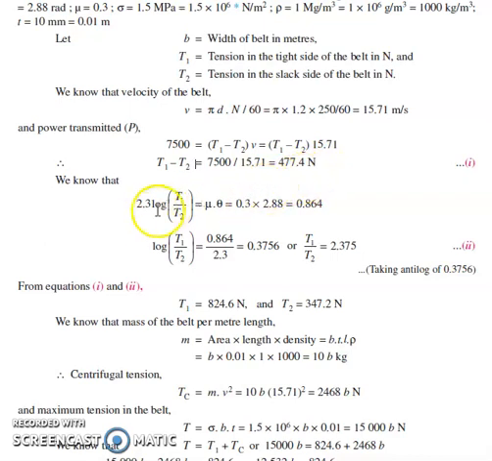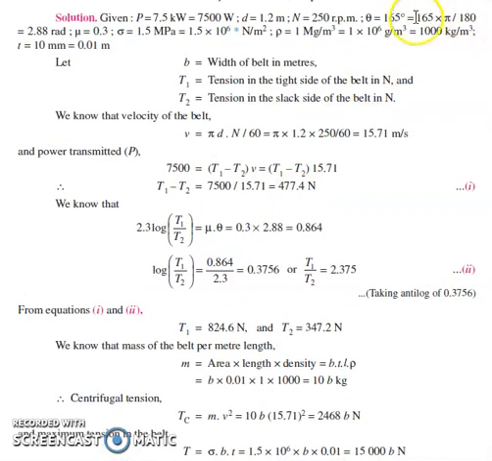And now we know the formula, 2.3 log of T1 by T2 is equal to mu theta, where mu is 0.3, theta is 2.88 radian. Why is it 2.88 radian? The theta is 165 degree, so 165 into pi by 180. Substituting this, we get 2.88 radian.